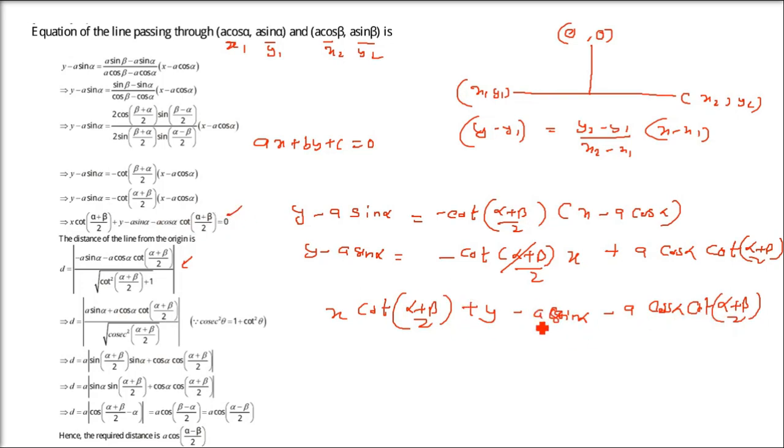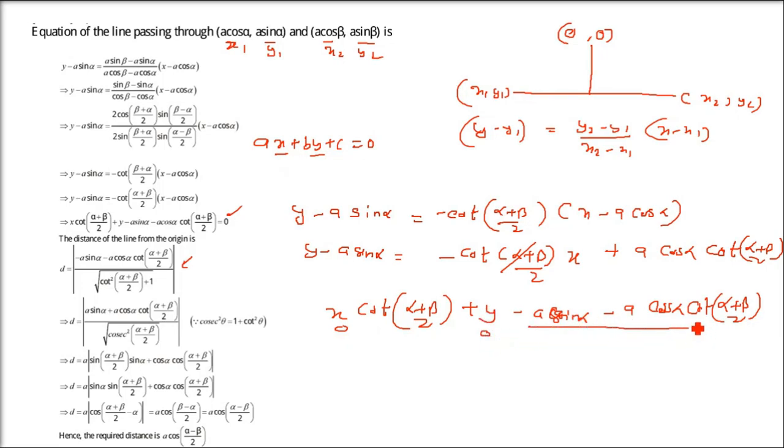So now this equation is ready for us. Now I'll find the distance from 0, 0. From 0, 0, that means x and y we have to put 0, so only the constant term will be there.